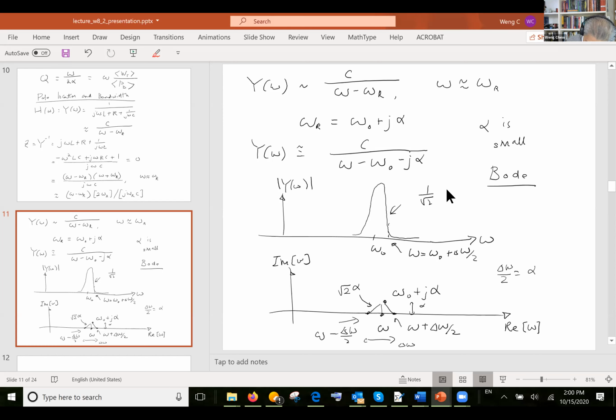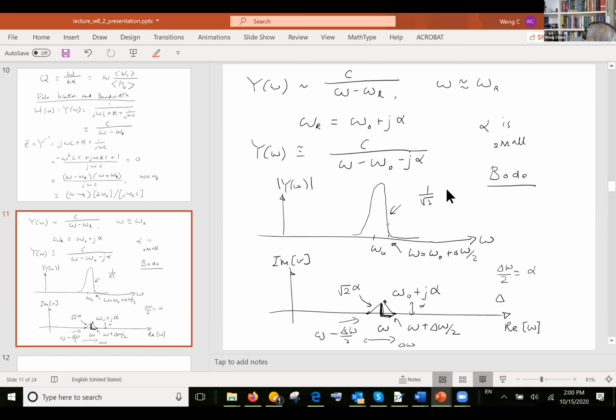If this is alpha, this point here, where it drops to half power, is alpha. Okay, this length should be equal to that length over there. That is alpha, so this must be the alpha. So it means that the bandwidth is 2 alpha.